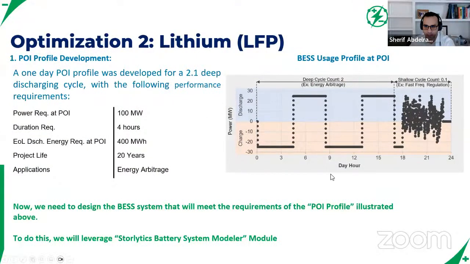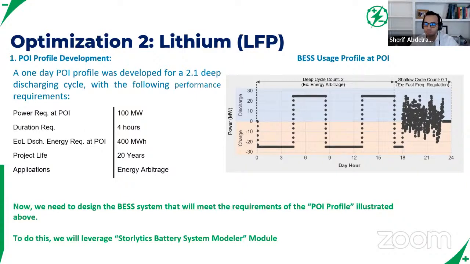All right, let's get into the meat and potatoes here. In this optimization, we're assuming a 2-cycle application. In the last optimization we had 1 cycle a day, and we did 2 cases, deep discharges and shallow discharges.